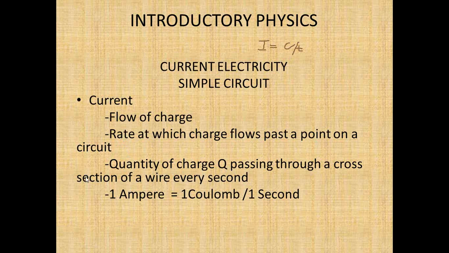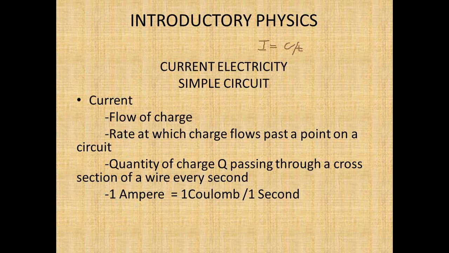The unit of current is the ampere. So 1 ampere is equal to 1 coulomb per 1 second. The quantity of charge that passes a point every second. The unit of current is the ampere. We abbreviate it as amp. So that is the metric unit.